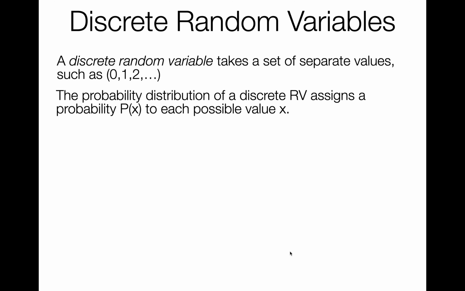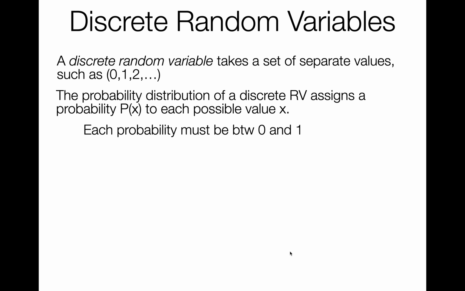So when you have a discrete random variable, the probability distribution of a discrete random variable assigns a probability to each possible value, each possible outcome, of that random variable. Okay, so there are a few conditions that need to be met for these probabilities.